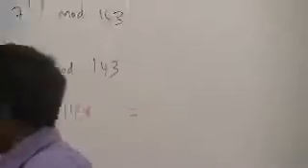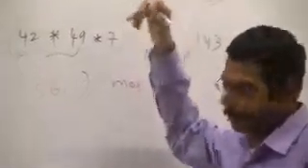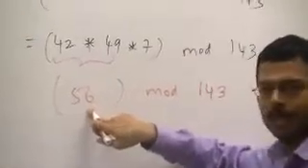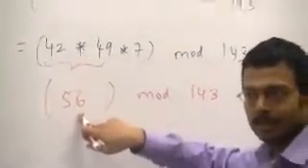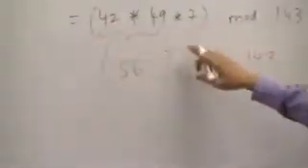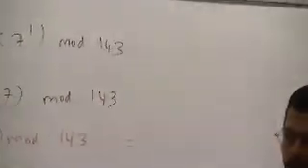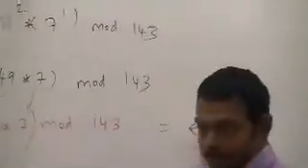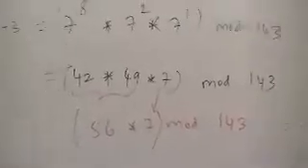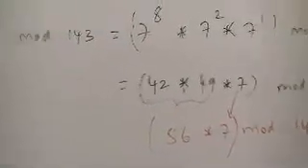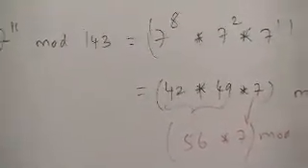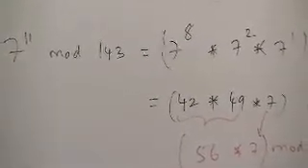So 42 times 49 will be some larger integer, I think it's 2,000 something. Mod 143, 56. Okay? And then you have the 7. So this is 56 times 7 mod 143, and it comes out to be what? So 392 mod 143 is 106.